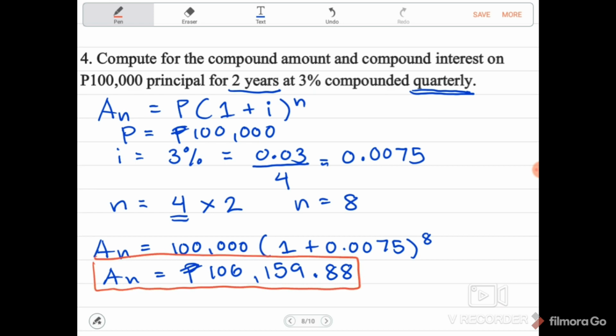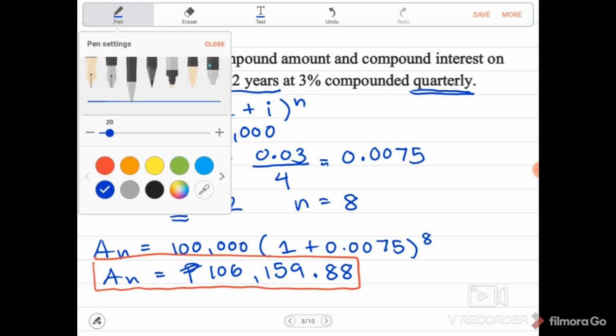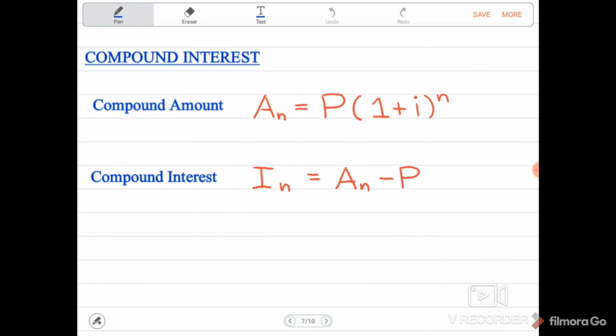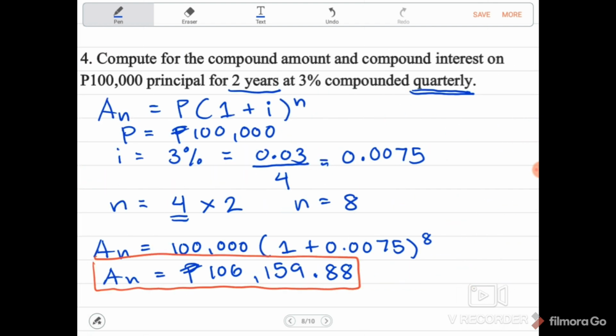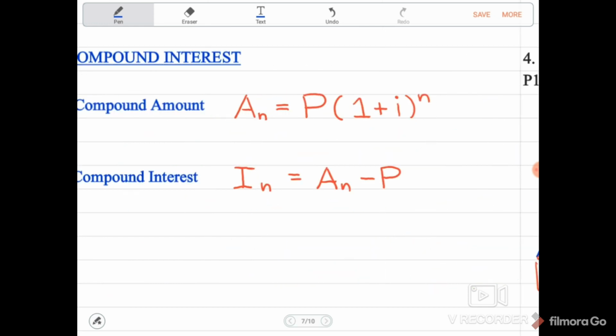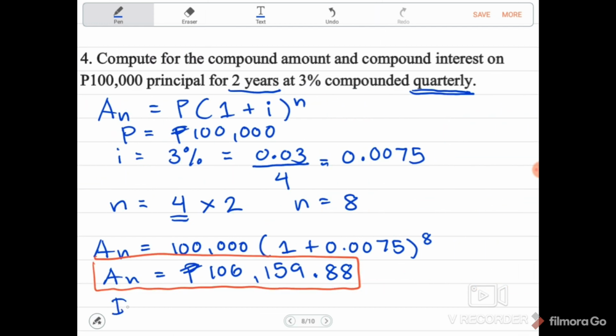Okay? So, compound interest naman. Lagi lang naman compound interest, yung compound amount minus the principal. Lagi lang naman natin mina-minus kasi nga interest tubo, no? So, we have I sub N. So, I sub N is equal to yung compound amount natin, 106,159.88 minus the principal, that is 100,000.